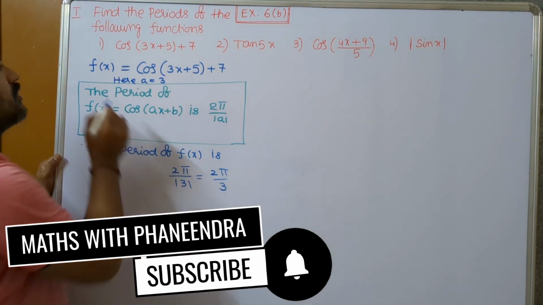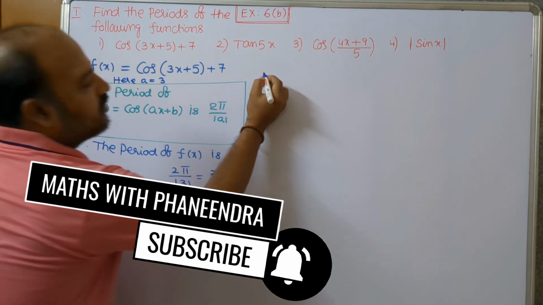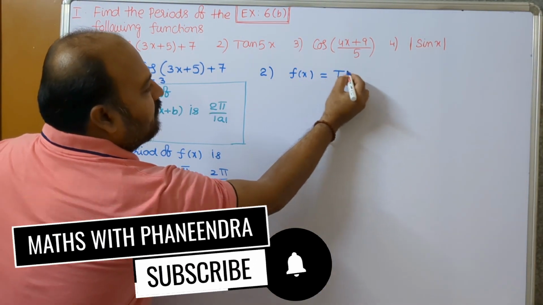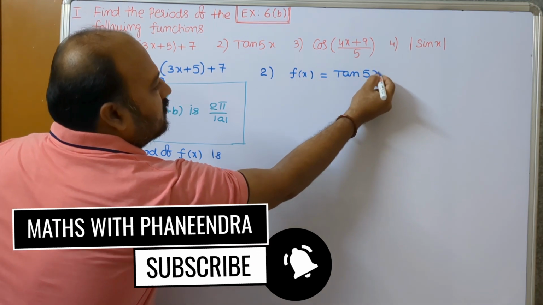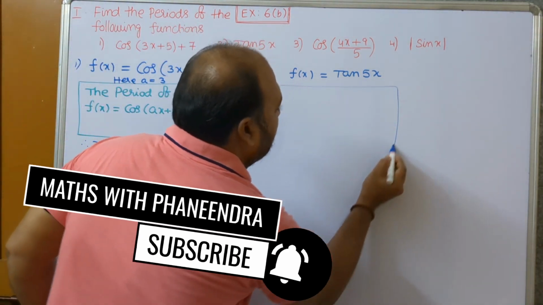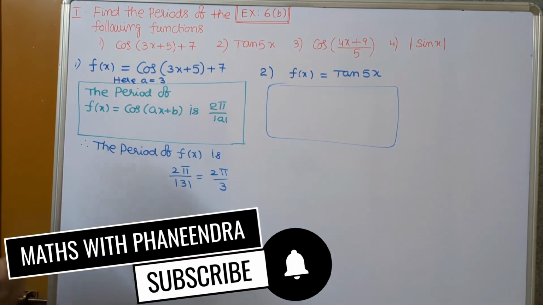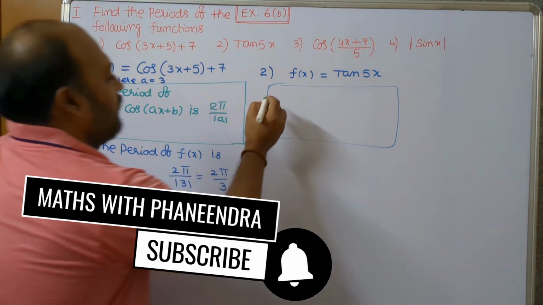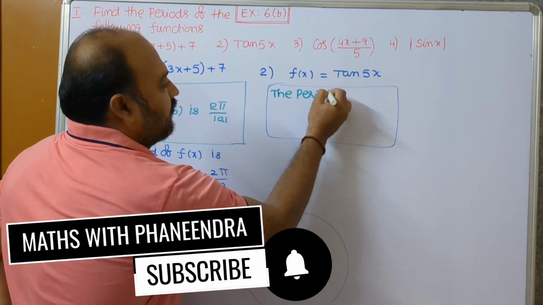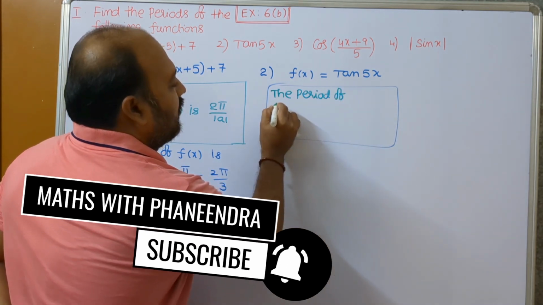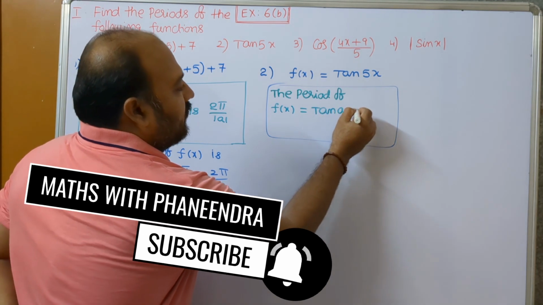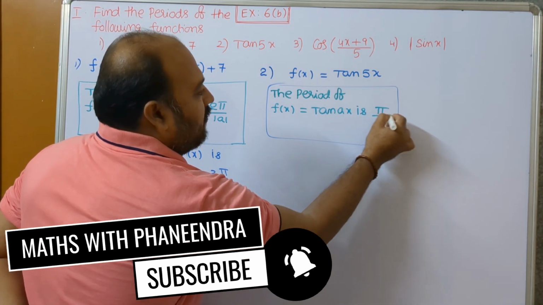So now come to question number 2. The given function is f of x is equal to tan 5x. Here also one important formula is there. For tan x, what is the periodicity? The period of f of x is equal to tan ax is pi by mod a.